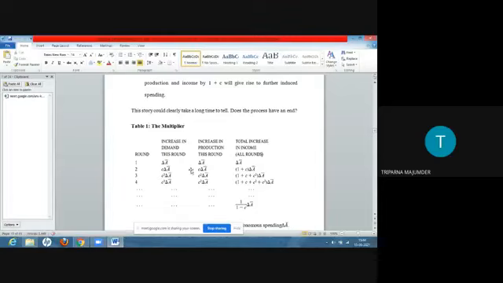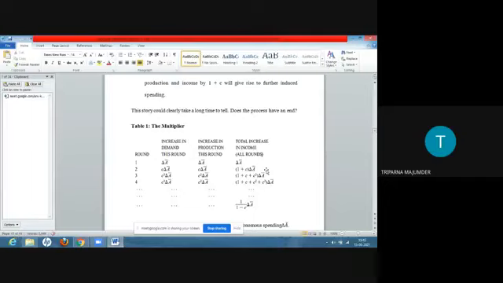So that leads to increase in production of C into delta A bar. Now if we add the two rounds, what do we get? In the first round, we had delta A bar. In the second round, we had C into delta A bar. If we add it, then total increase in income in both the rounds will be 1 plus C into delta A bar. This process will continue.